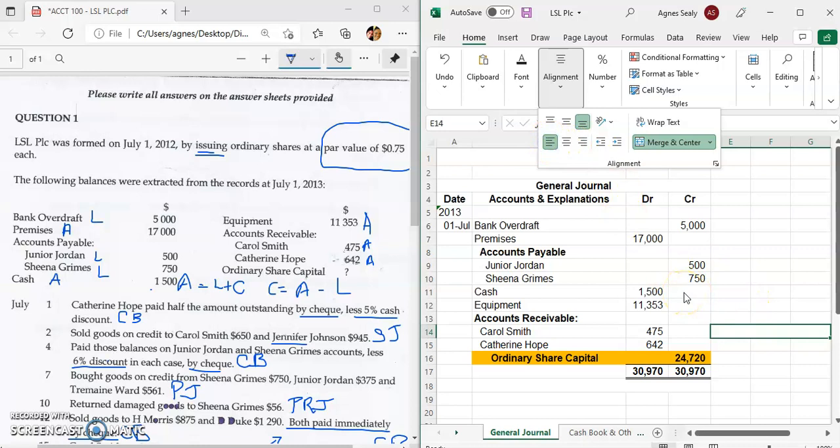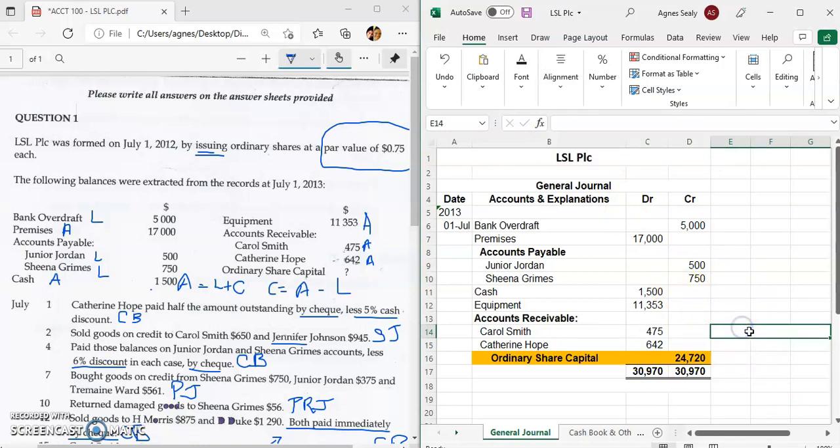I'm going to put the work in here at one side, where we say capital is equal to our assets minus our liabilities, that is total assets minus total liabilities.